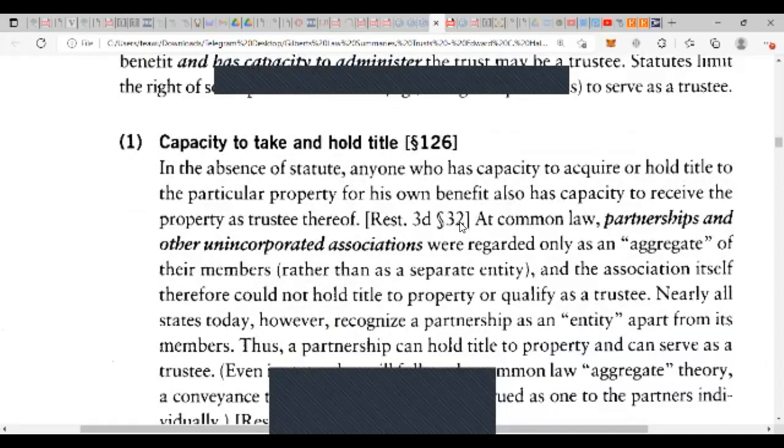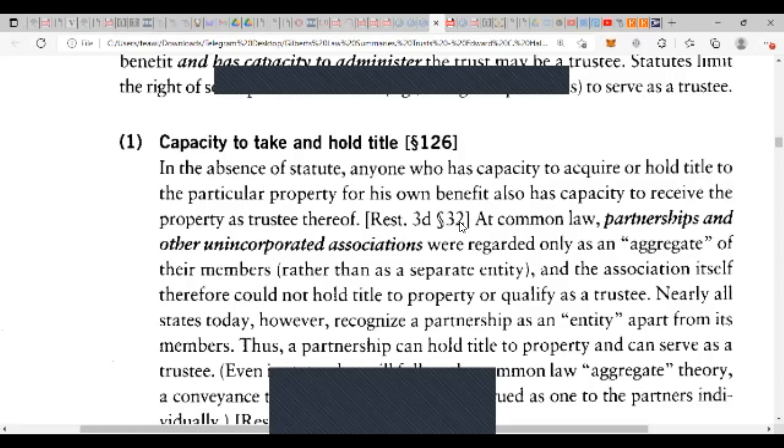Restatement Third, section 32. At common law, partnerships and other unincorporated associations were regarded only as an aggregate of their members, rather than as a separate entity, and the association itself therefore could not hold title to property or qualify as a trustee.